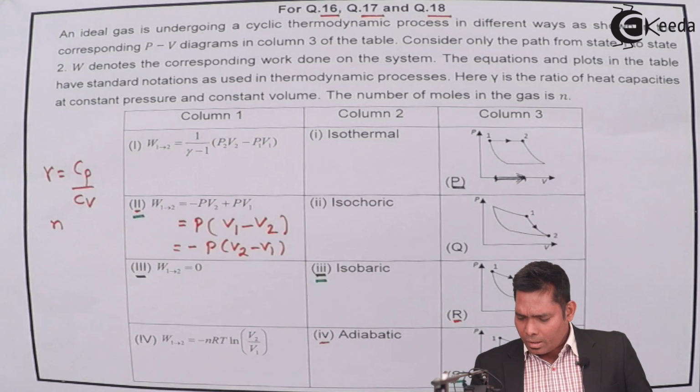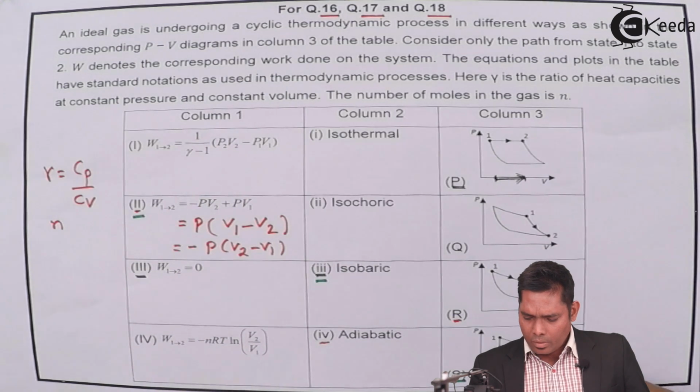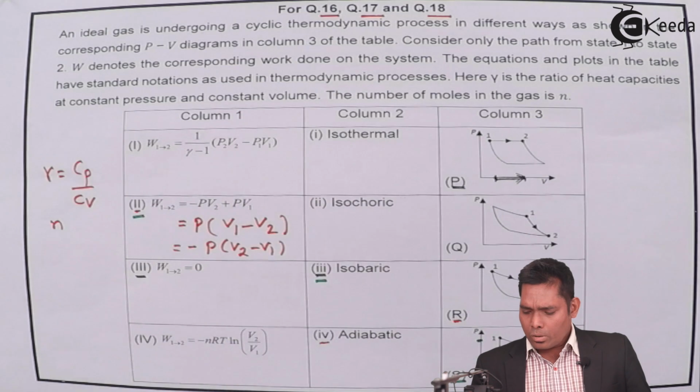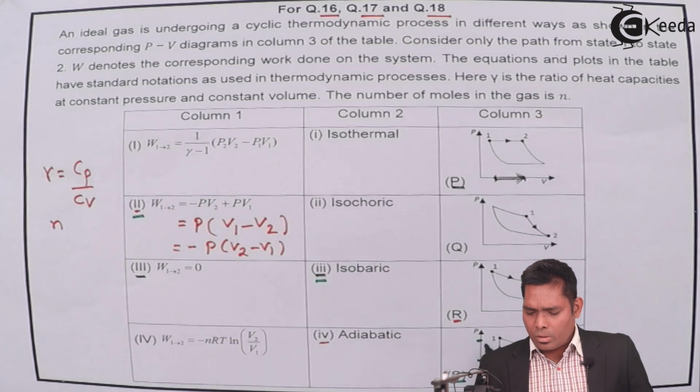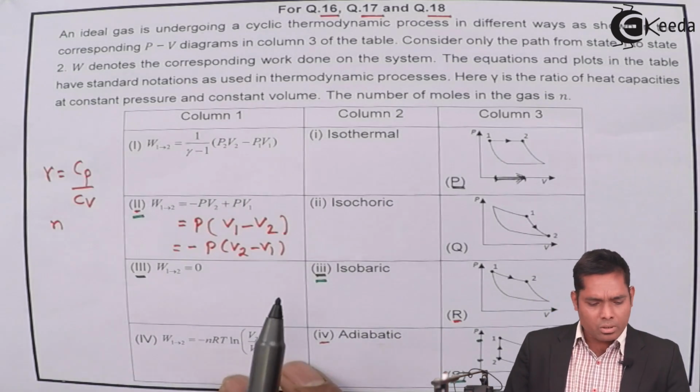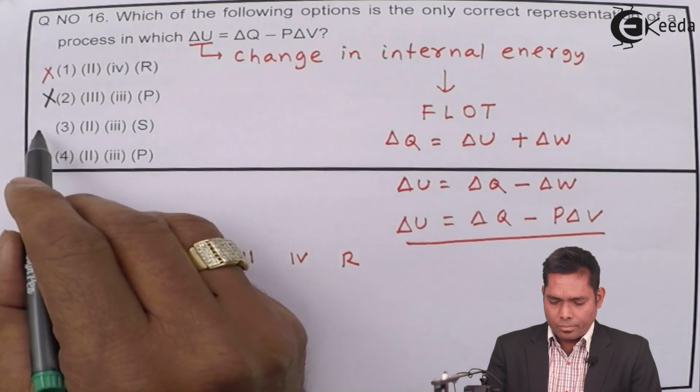And if you see here, this is not the isobaric process because the pressure is changing. Because the pressure here is changing from 2 to 1. Here the pressure is something else, and here the pressure is something else. So pressure is different. So therefore it is not an isobaric process. So therefore option number 3 is also not right.